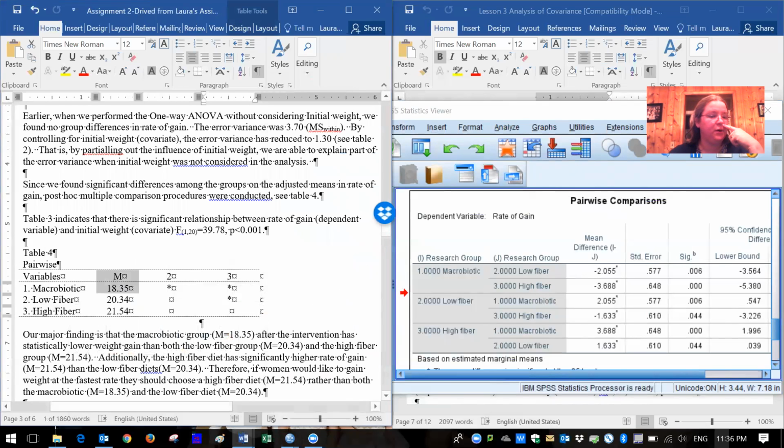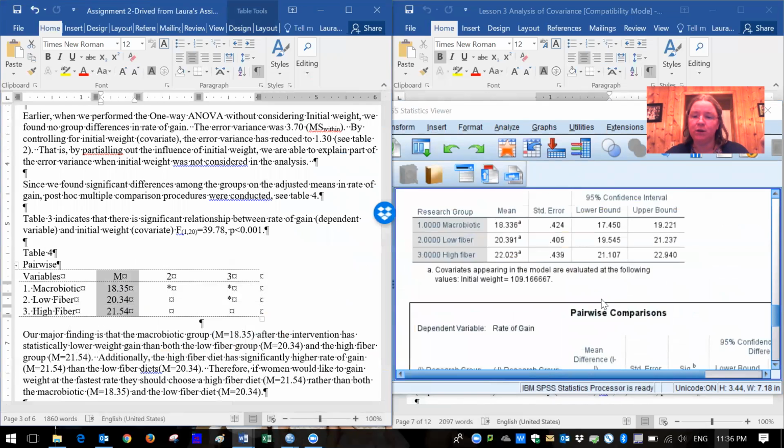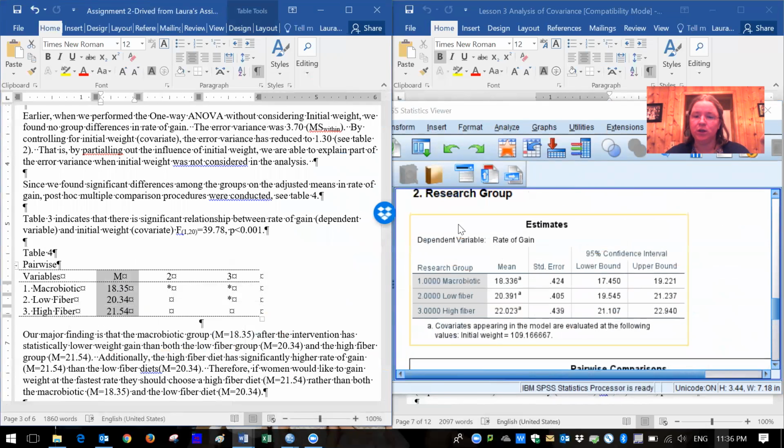And then I put the new numbers for their means, the adjusted means, which is the one right above this. So here where it says estimates, notice underneath it says covariates appearing in the model are evaluated with the following values. So the initial weight was 109. So this information here has been adjusted. So we put those numbers into here.